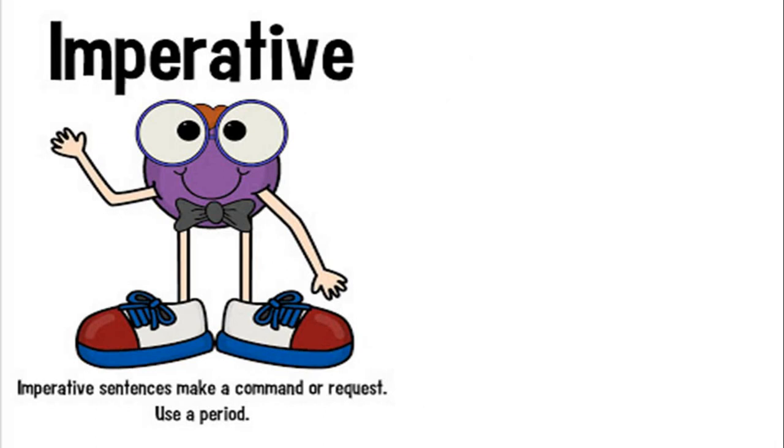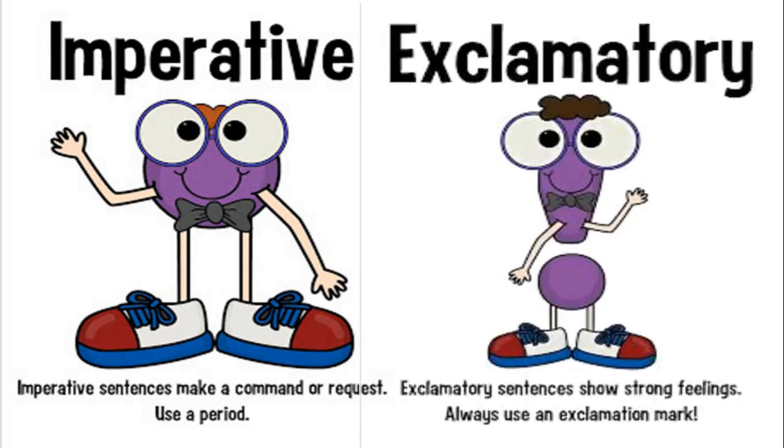Next, imperative sentence. Imperative sentences make a command, make a request, or give advice. They always end with full stop. And the last one is exclamatory sentence. Exclamatory sentences show strong feelings. Always use a sign of exclamation, also known as exclamation mark.